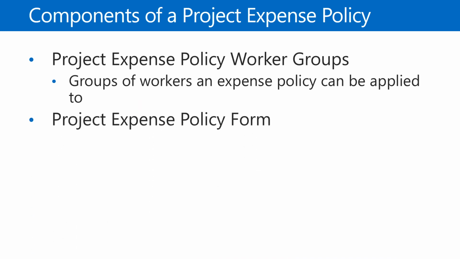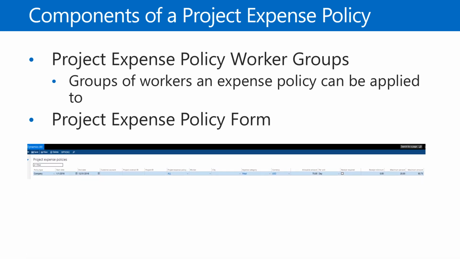The second piece of setup is you actually define your project expense policies using the project expense policy form, and this is what it looks like. I had to zoom out a little bit to get the whole form in, so it's kind of small there. But I'm not going to talk about every field. I'll just give you the high-level overview. Basically, you can create a line for any category that you want.